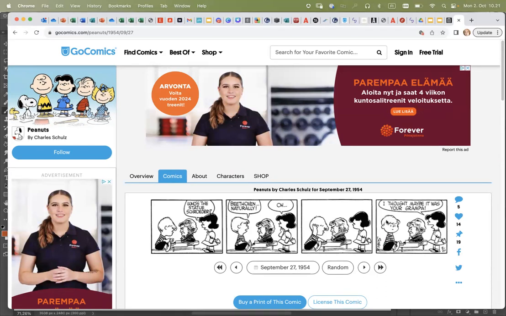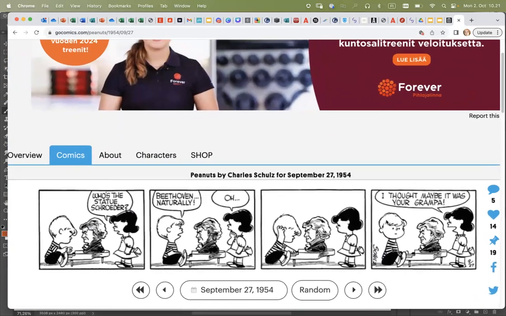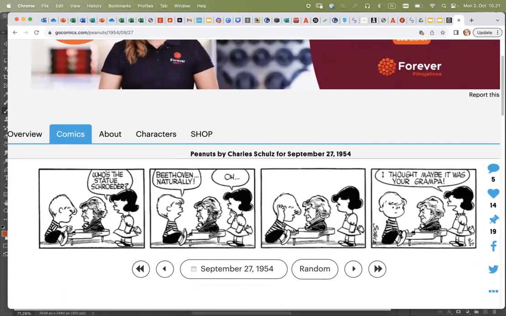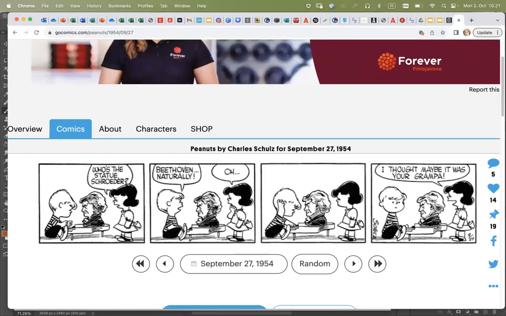So here we have Lucy and Schroeder, where there's a one-sided love relationship. Well, Schroeder loves the music of Beethoven, and he is also a fan of Beethoven. He at some point goes to Germany with his family to visit the Beethoven house and so on.